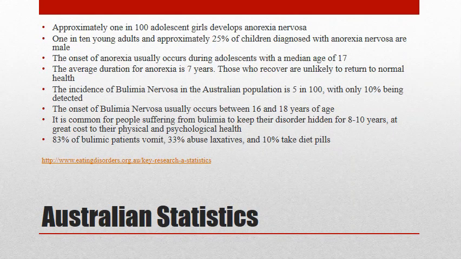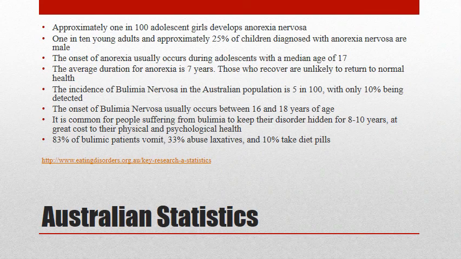1 in 100 adolescent girls develop anorexia nervosa. So if you think about the girls that you know, 1 in 100 of those will have some kind of anorexia, whereas 1 in 10 adults and 25% of children with anorexia are male.